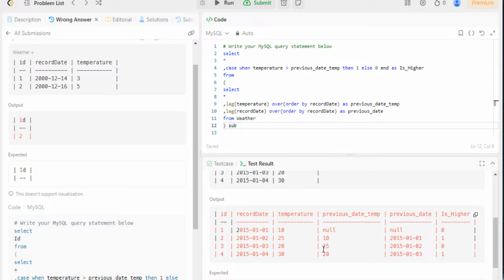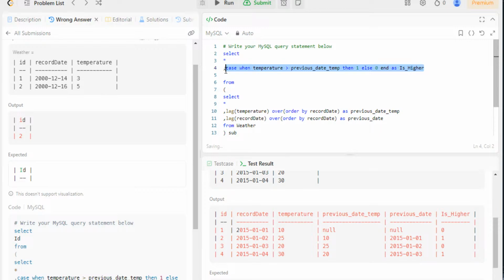All right. Now I'm going to subtract. Case when date minus previous date, record date minus previous date equals 1. Let's try this.